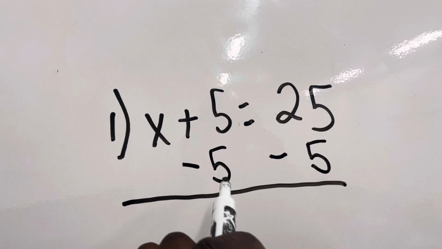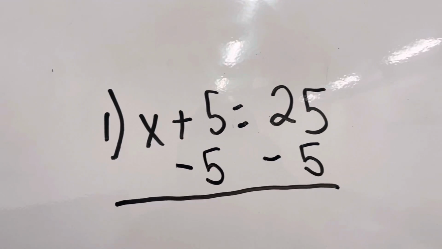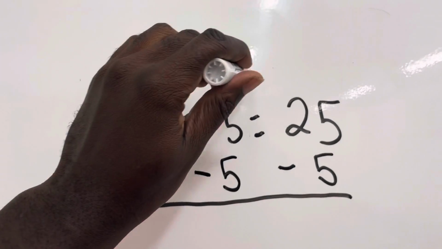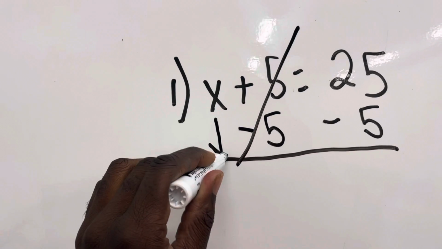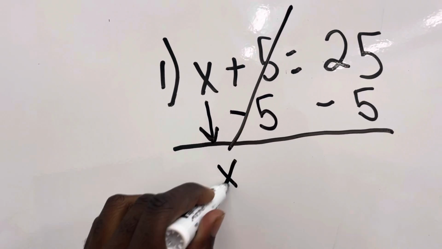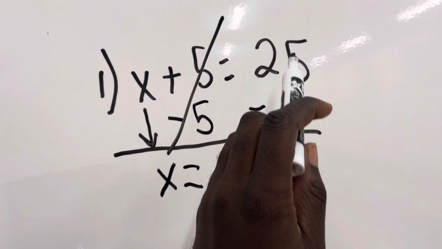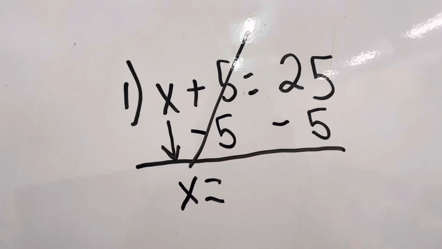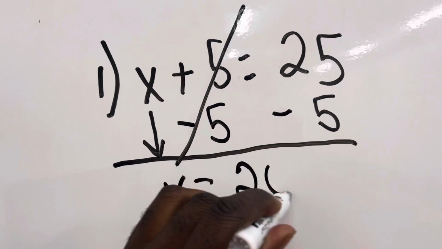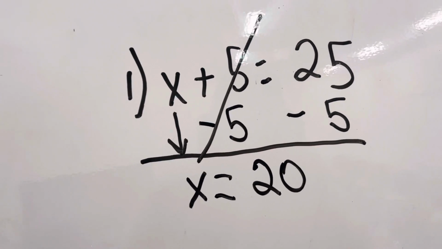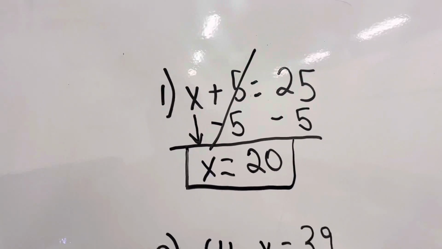So we're transferring 5 from here to here. 5 minus 5 is 0. Now we can bring x down so x can be by itself. And then from there, we subtract 25 minus 5, and 25 minus 5 equals 20. So now we got x to itself. Your final answer is x equals 20.